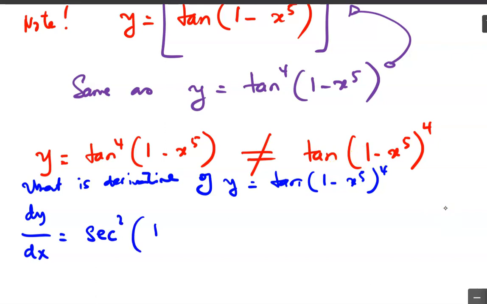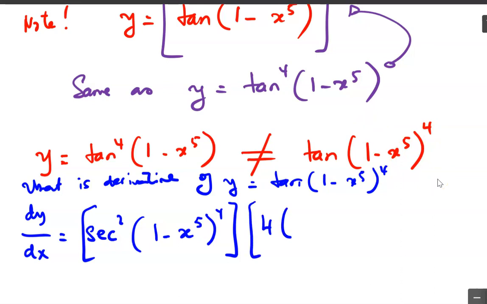In this case, I will rewrite the exact argument again to the exponent 4. Now I multiply it by derivative of u, which is 1 minus x to the exponent 5, all of it to exponent 4. So in this case, it will be 4 times 1 minus x to the exponent 5. This will turn to exponent 3, okay, because you take 1 away from the exponent. Then, now you multiply by derivative of what inside the bracket.